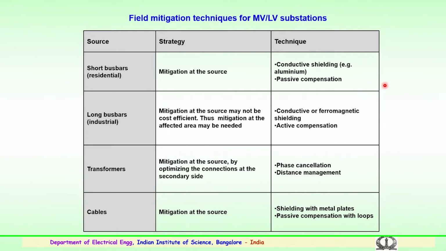For equipment like transformers, the phase cancellation technique is normally adopted, and also distance management, the clearances, will reduce the magnetic or electric fields. For cables, shielding with metal plates or going in for passive compensation with a loop arrangement will reduce the magnetic or electric fields in the case of medium voltage or low voltage substations.